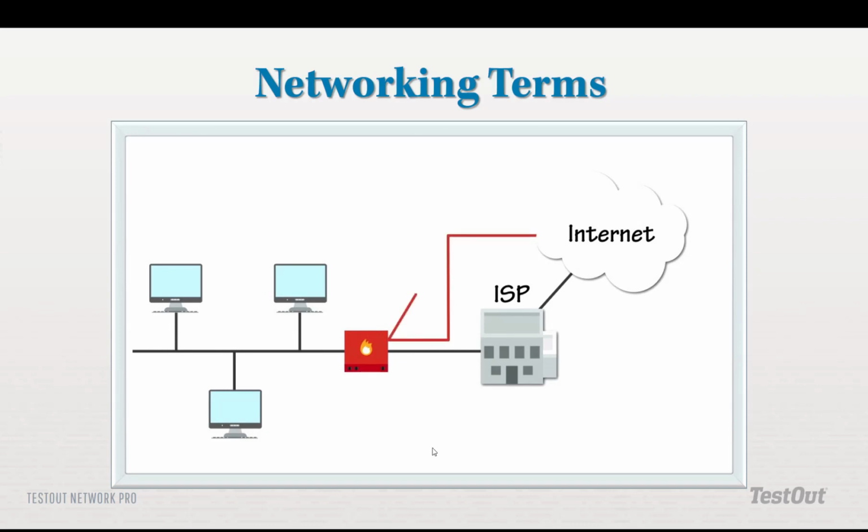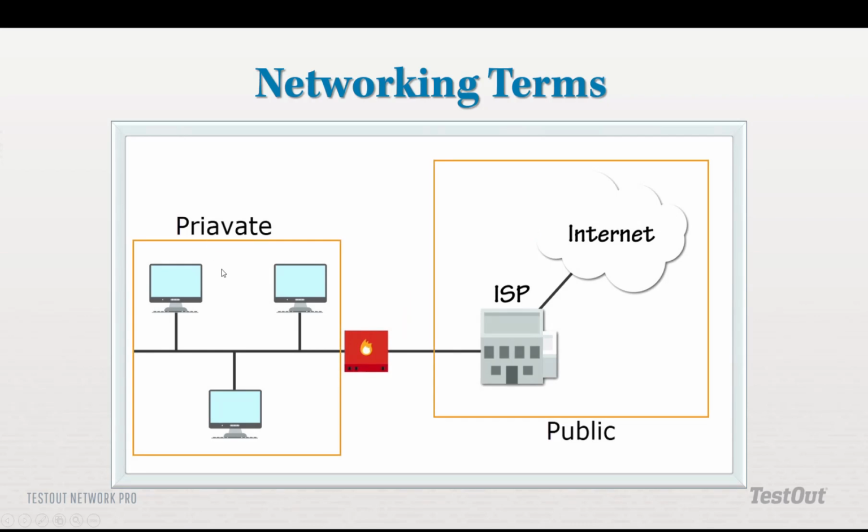So you can see somebody trying to do something and it gets bounced back. This is your private network. It's going to have a private IP address, and then you're going to have a public one. So the firewall, which is also a router, will have two ports, one on the private network and another on the public network. So it has two IP addresses.